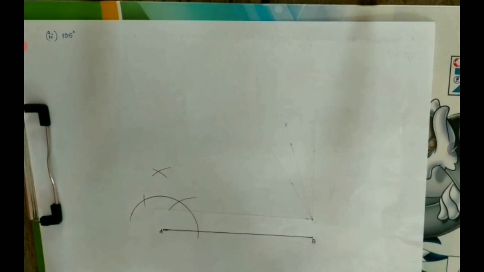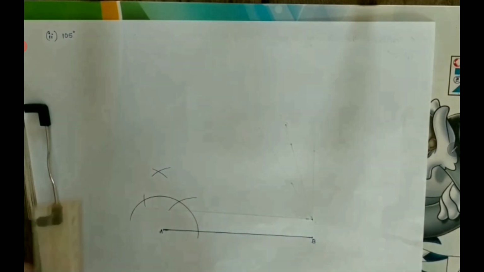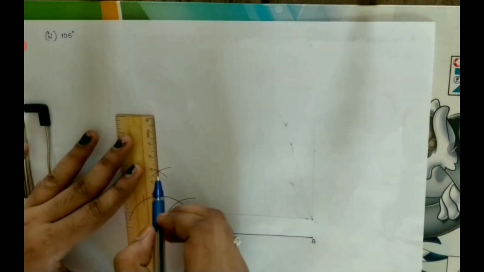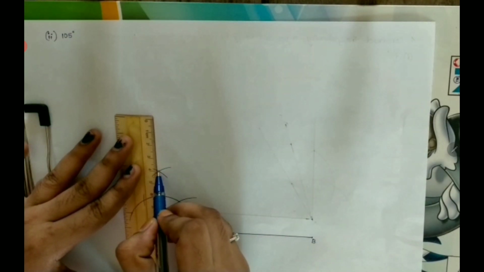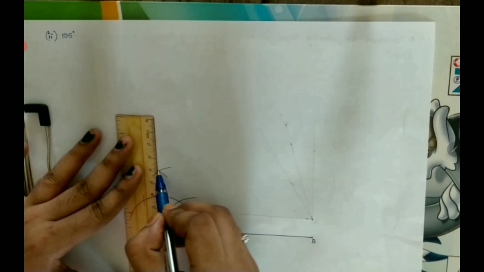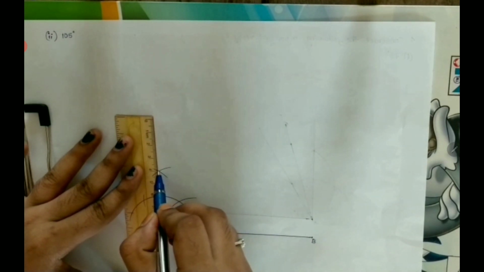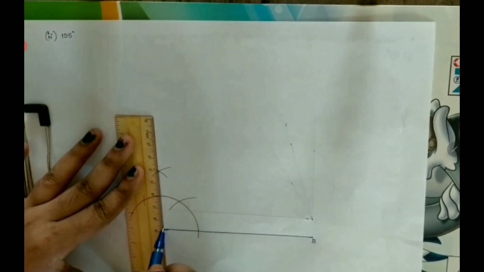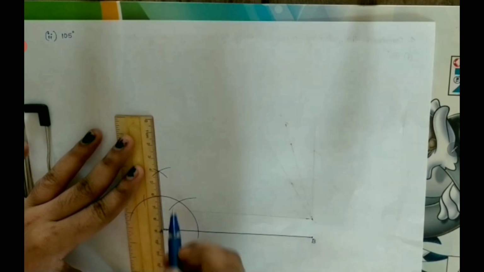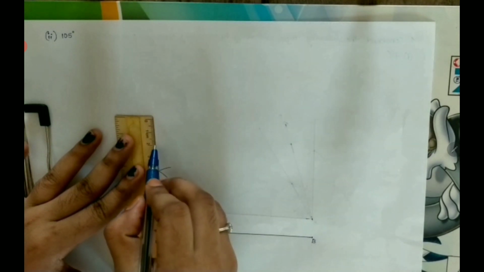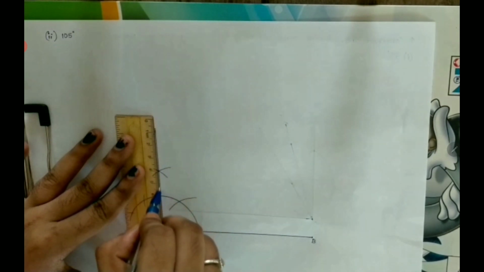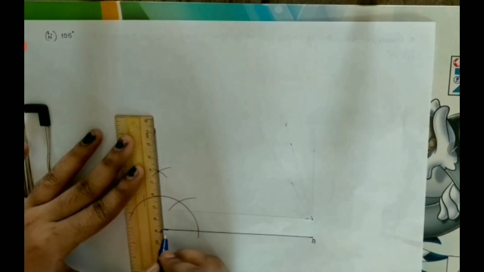Join that point to the initial point A. You will get a 90-degree angle. So the initial point and the point of intersection of the curve are joined here. So you got a 90-degree angle at point A.